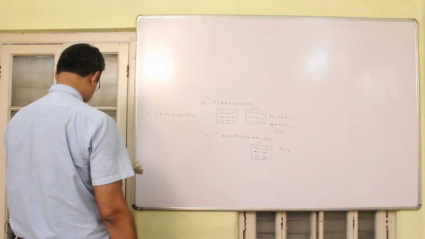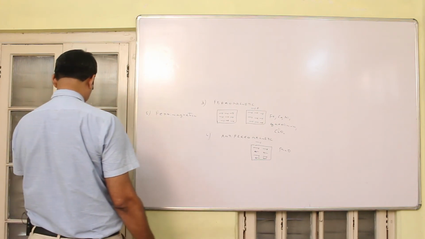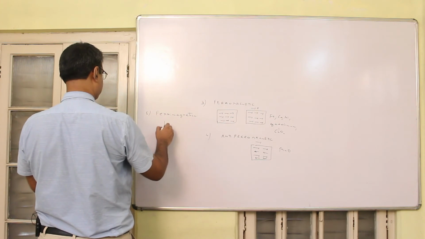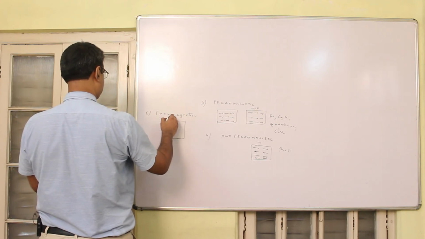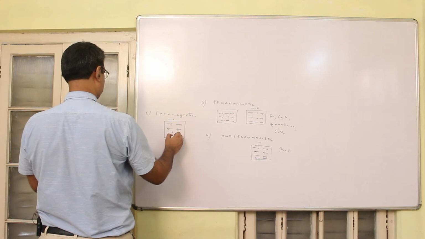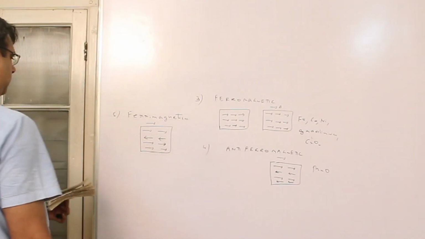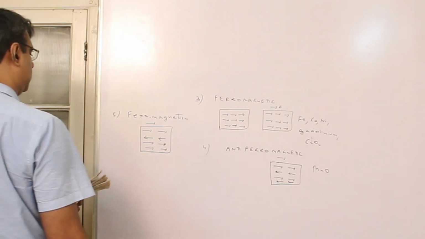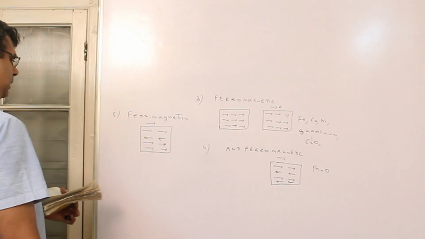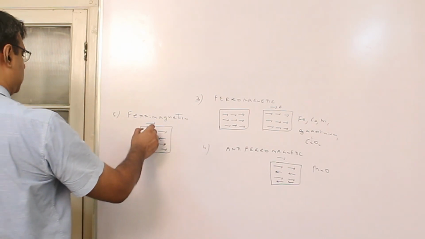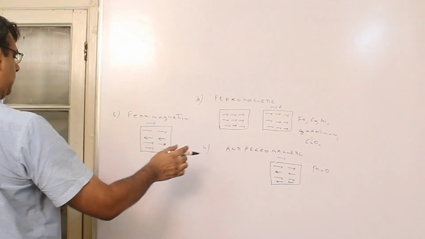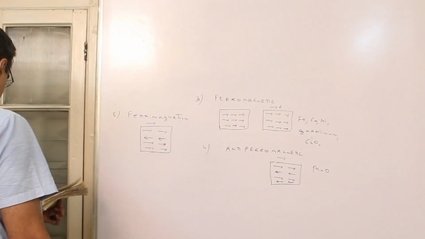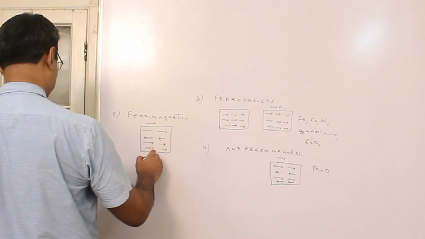Then we come to the next type, ferrimagnetism. It is again a type of ferromagnetism, but the dipole alignment directions are in unequal numbers. You will see that the majority are aligned towards the right, but a few are aligned towards the left.